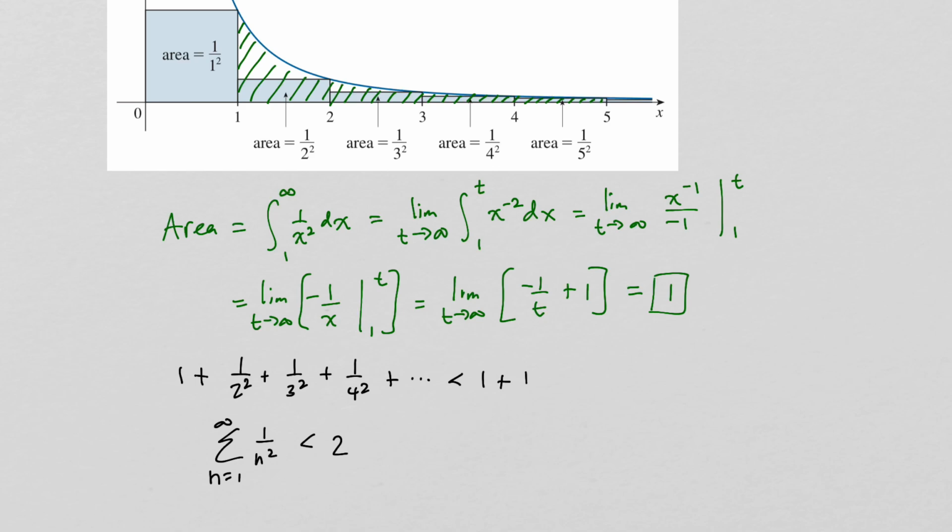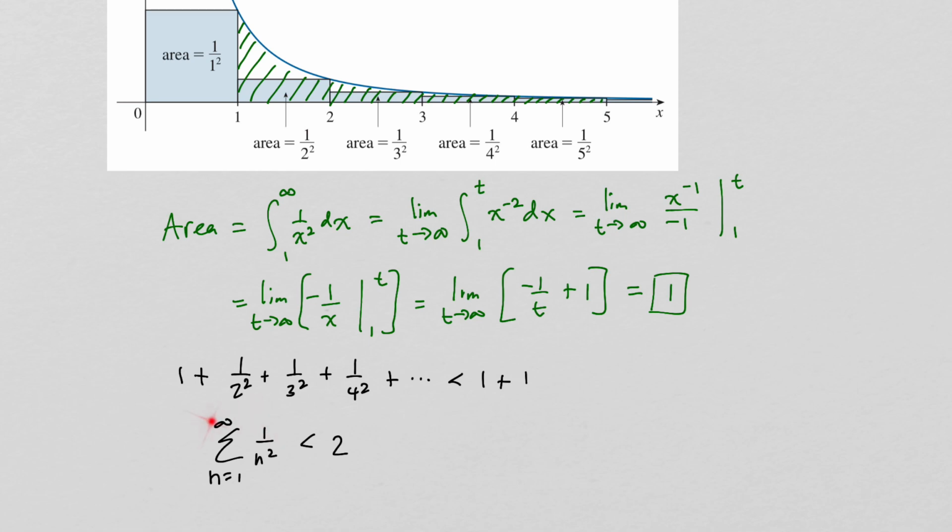Now, if you think about the partial sums of this series, every time you add another term of this series, you get a larger sum. So if we know that the infinite sum is less than 2, and if we know that the partial sums are increasing, then the partial sums here form a monotonic and bounded sequence.